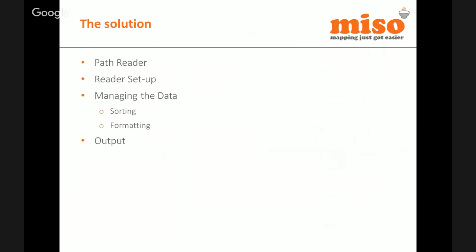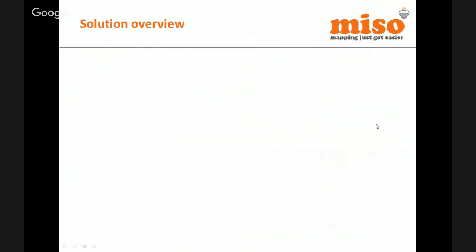So, quick overview. The path reader can be used for searching, as I've just shown, or chunking out data. So if you've got a big folder full of Excel spreadsheets or text files that you want to run through FME and do something with, it's really good for splitting up that process. So you don't have to read everything in at the same time.